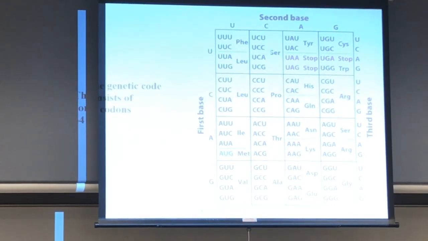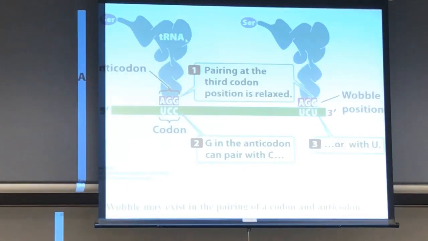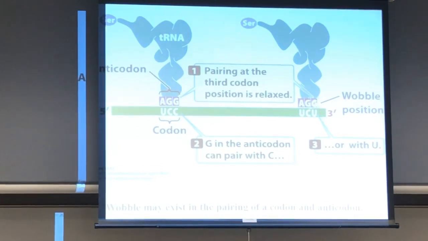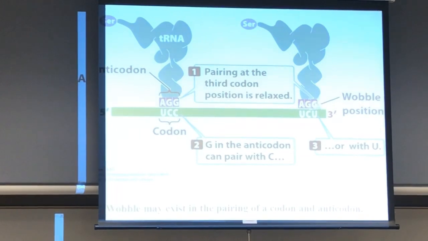UCC codes for serine. Yes, that's true. UCC codes for serine, and usually the binding between the third codon nucleotide and the anticodon is actually not that strong. That's why it's called wobbling, or the wobble position. The third nucleotide is not strongly bound.